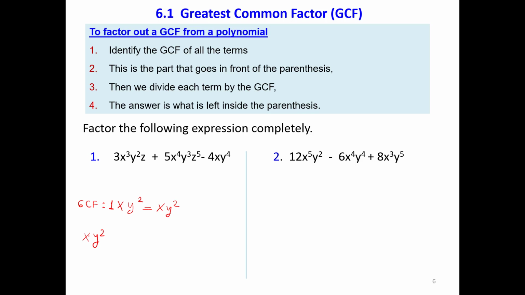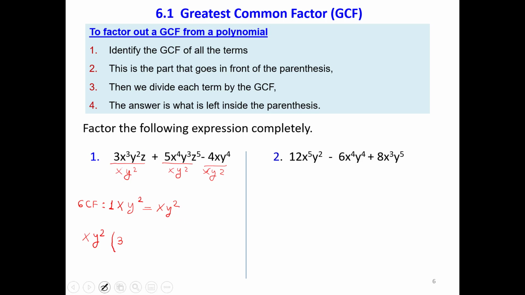Then the next step is divide each term by the greatest common factor. And now we need to write what the result of each division is, what is left inside the parentheses. Here we had 3, because 3 divided by 1 is 3.